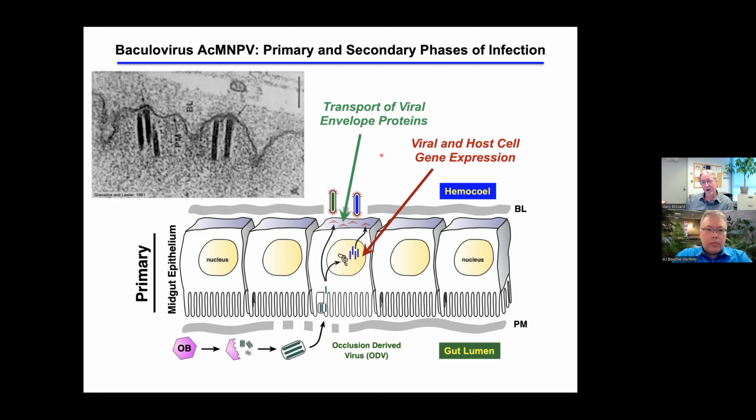So this question of how envelope proteins from viruses move in a polarized manner through an insect gut cell is a question of really broad interest, because a lot of different insect viruses need to do that.